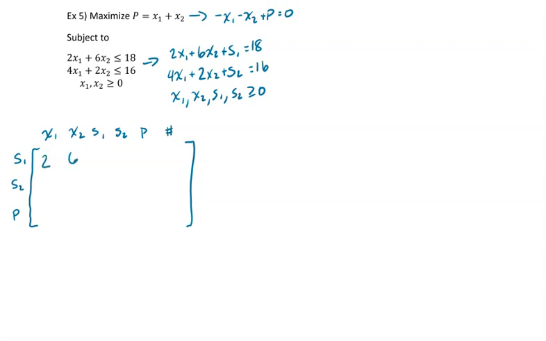So 2, 6, 1, 0, 0, 18. Our second one is 4, 2, 0, 1, 0, 16. And then our profit equation is -1, -1, 0, 0, 1, 0.